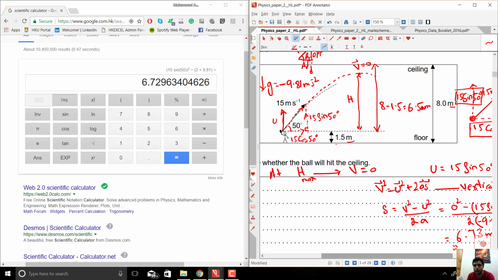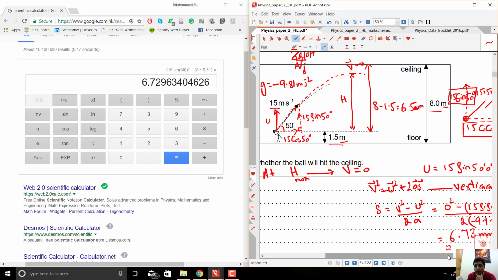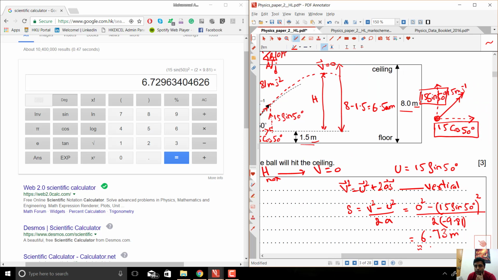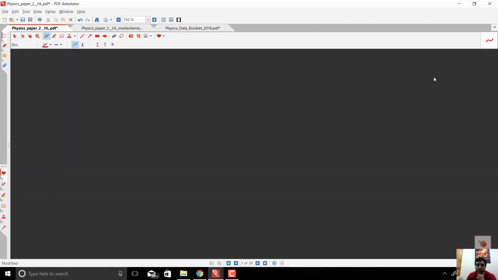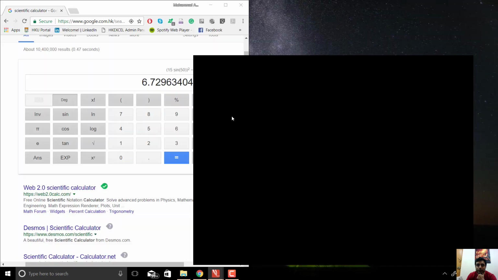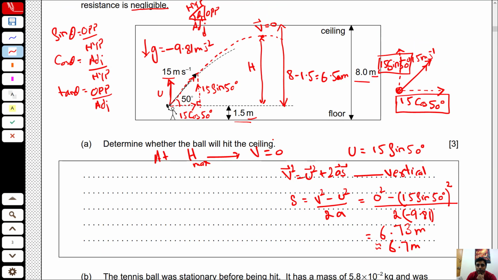So the maximum possible significant figures that we have is 2. We cannot exceed that, so we have to round to 2 significant figures. If we do that, it will be 6.7 meters. So don't exceed the maximum significant figures given in the question. In the question we have 2 significant figures at most, so don't exceed that.